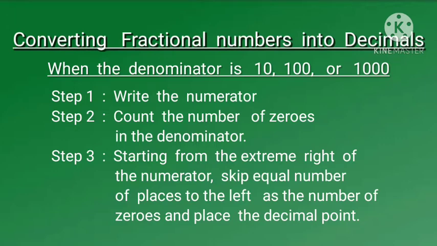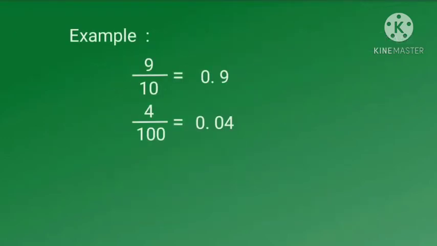That means when the denominator is 10, 100 or 1000 and so on, we put the decimal point accordingly in the tenths place, hundredths place and thousandths place. For example, 9 by 10. Here 10 is the denominator.